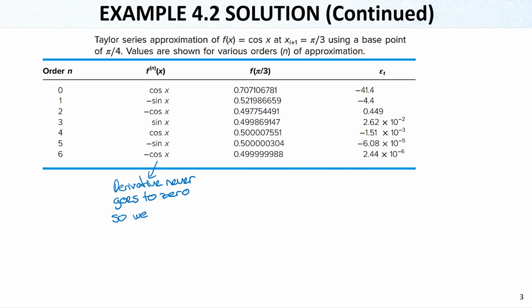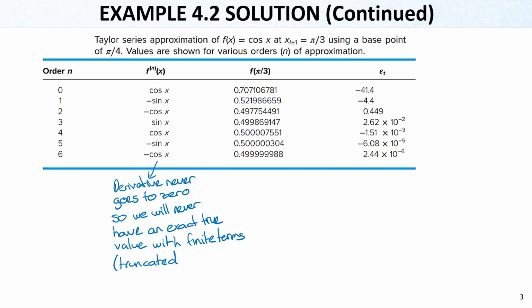So we will never have an exact true value with finite terms by truncating, or truncated terms. Truncated series, let's say, for this cosine function.